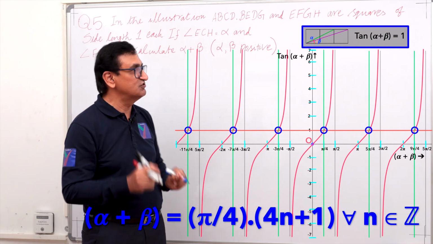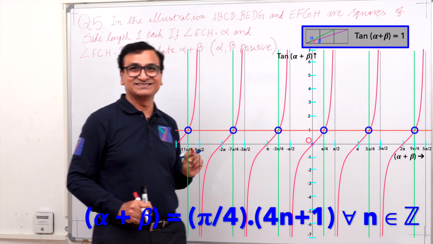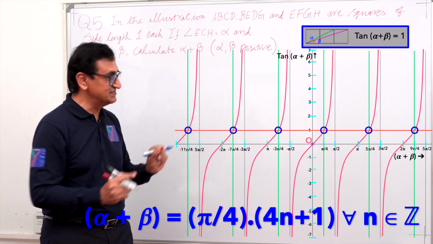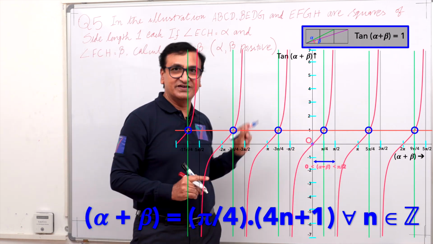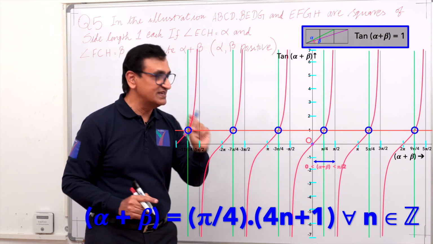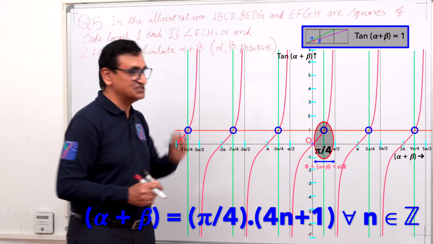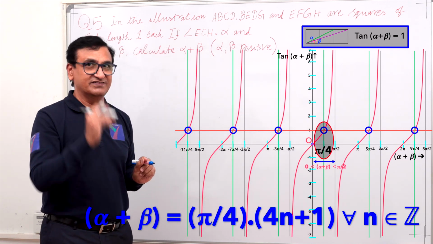That's the general solution to our equation tan of alpha plus beta equals 1. However, in our question, alpha plus beta is in the interval 0 to pi by 2, and the only point where tan equals 1 is at pi by 4. So the solution to our question is alpha plus beta equals pi by 4, or 45 degrees.